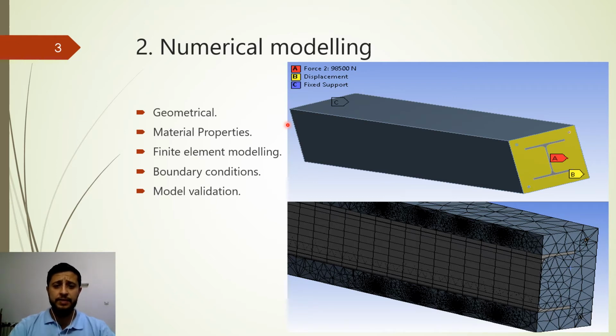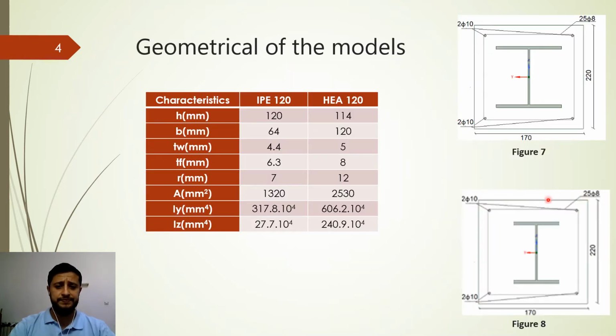The numerical model considers the elastoplasticity of materials and the nonlinearity of contact friction. In numerical modeling, we will talk about the geometrical and material properties, finite element modeling, boundary conditions, and model validation.